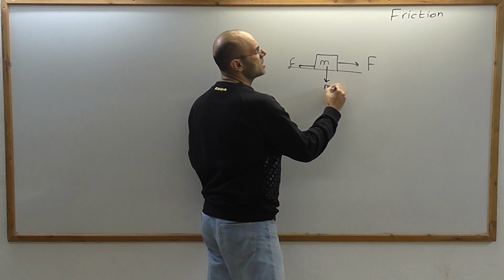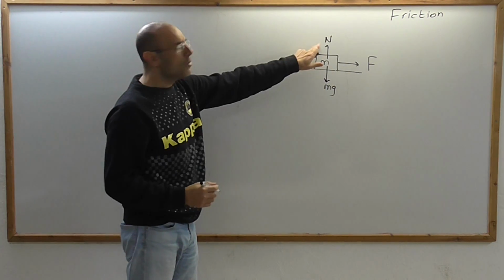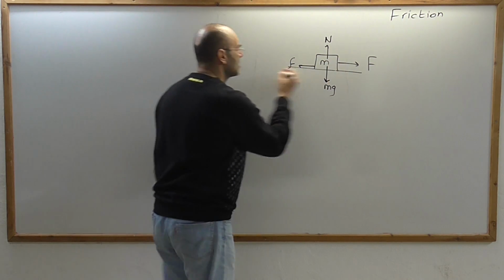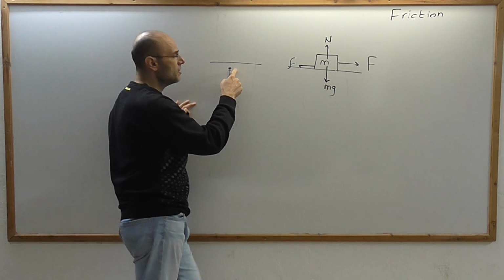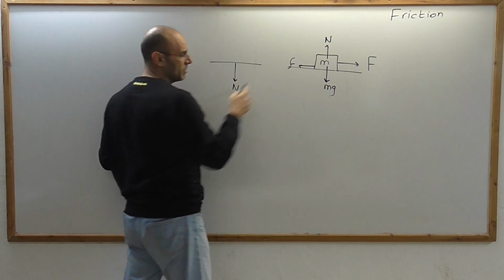We know that there's an mg force down here and the normal force here. The normal force indicates what the surface applies on the mass. If I apply force on the surface, it will feel exactly the same force, the normal force.